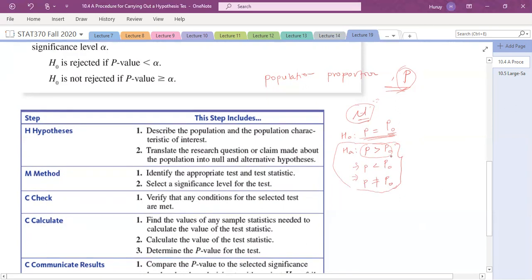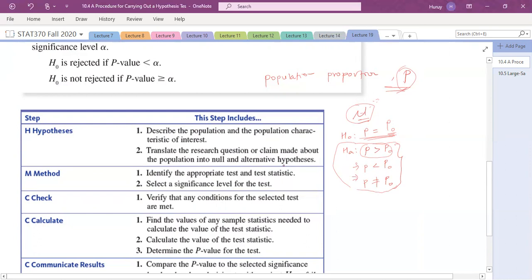This is, I would say, the main thing when carrying out a hypothesis test, because if you pick the wrong choice out of these three, then there is like a 99% chance that you will end up with a wrong answer. Well, definitely it's 100%.